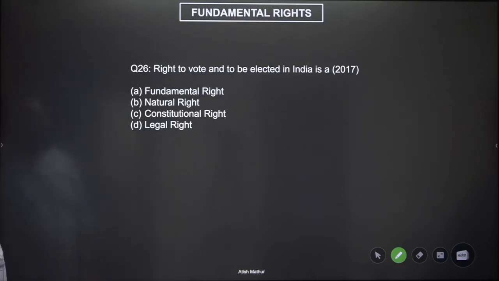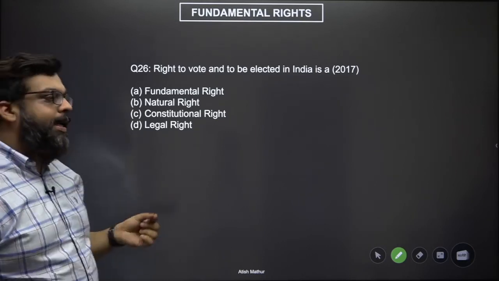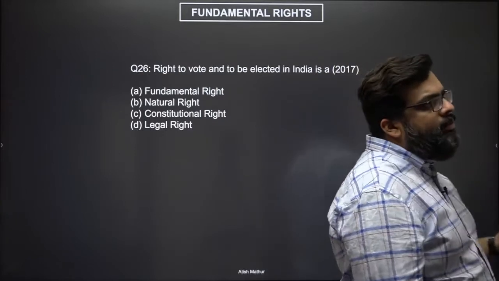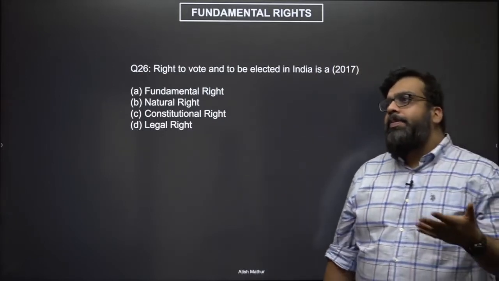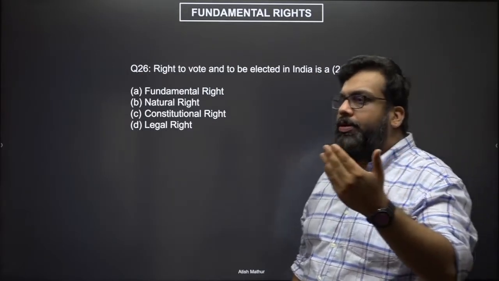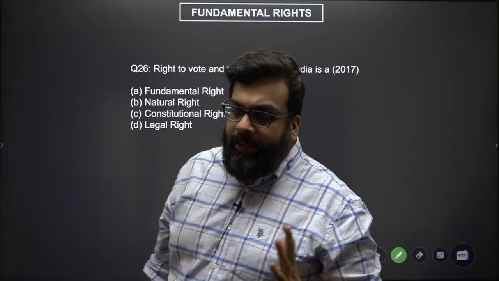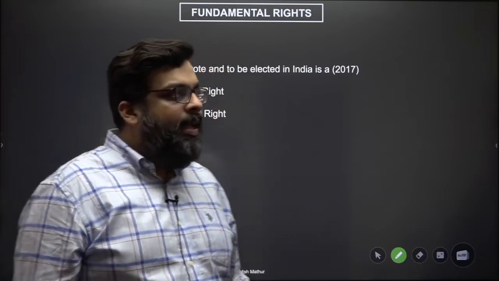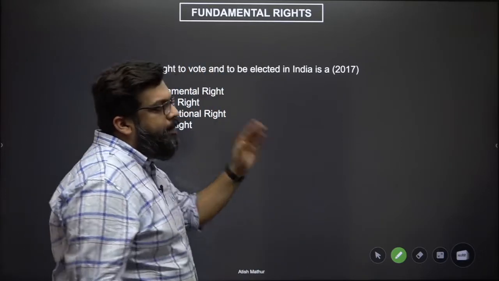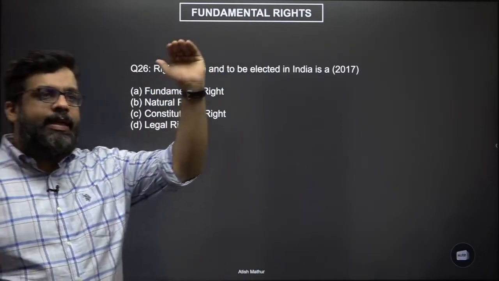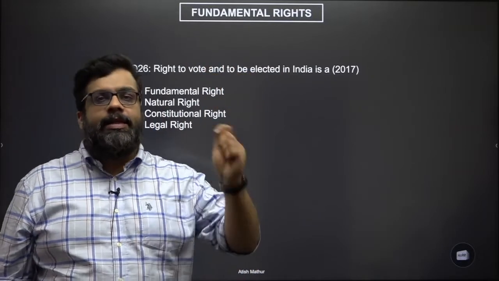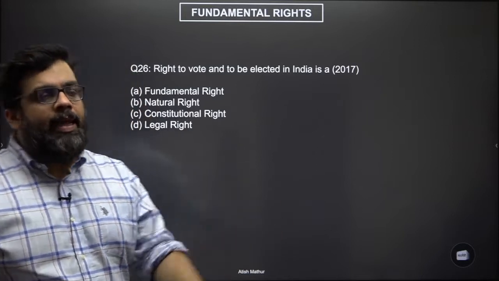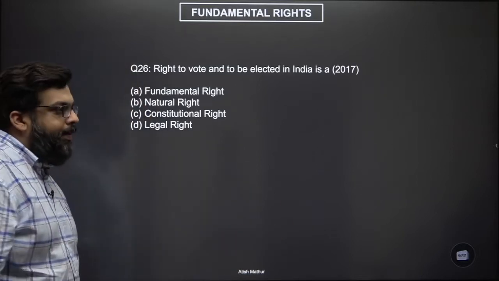The constitution only gives you the eligibility criteria. It does not give you a right. It tells you if you want to be an MP or an MLA, you should be able to do A, B, C, D, E. It does not say that you have the right to be an MP or an MLA. And you have the Representation of People's Act, which gives you detailed restrictions, detailed conditions on who can or cannot be an MP or an MLA, right?